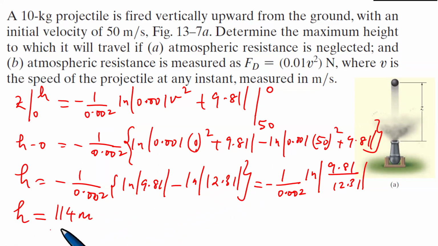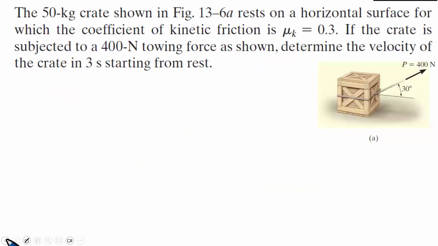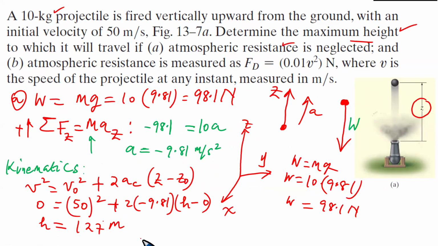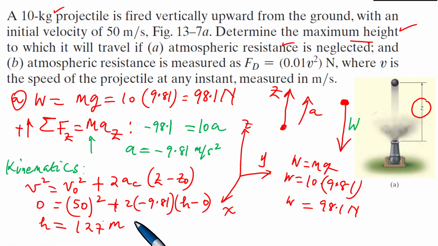Let's look at this. In the previous calculation, we agreed that here's the projectile and it's being fired vertically upwards, but it is reaching a maximum height of 114 meters when we have atmospheric resistance. We saw earlier that in the absence of air resistance, it was able to reach a maximum height of 127 meters.